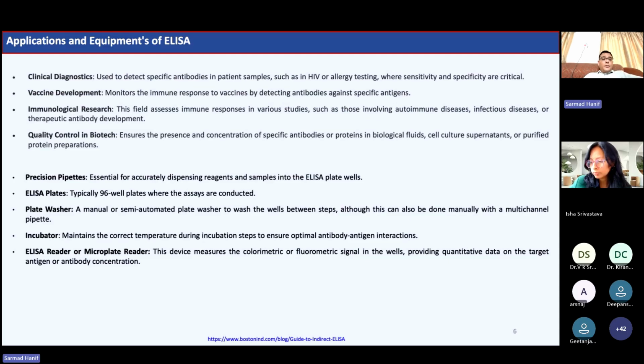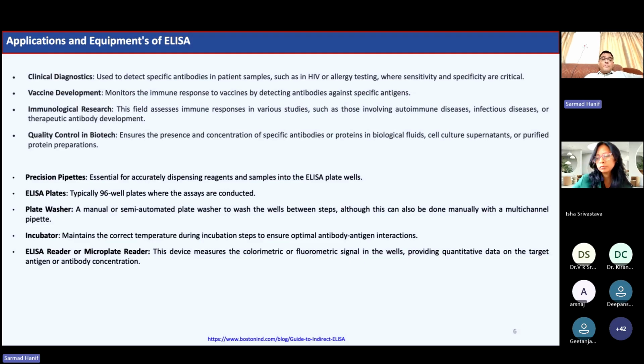In terms of the equipment, what is required? Precision pipettes. Pipettes are very important. Here, I can say pipetting and good pipettes, which are well calibrated, are important for all molecular biology techniques, be it PCR, be it ELISA, or any other molecular biology technique, because if there is an error, it will give you results which will not be true, it will be false, and can lead to disastrous consequences if you are developing vaccines or even in therapeutics.